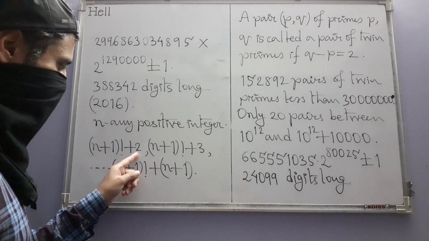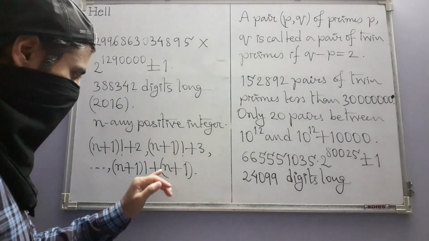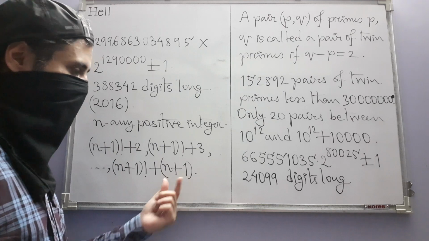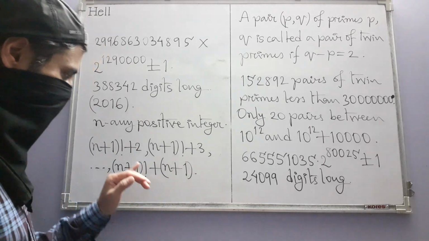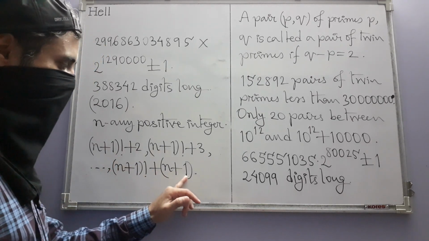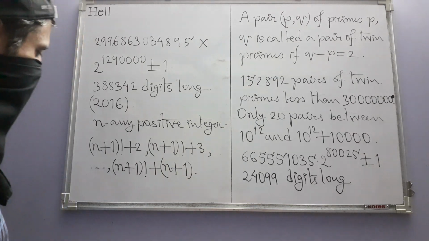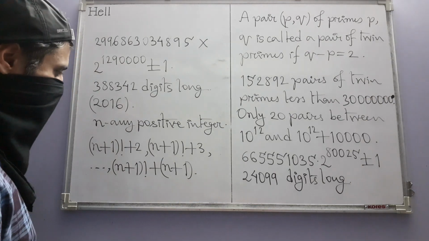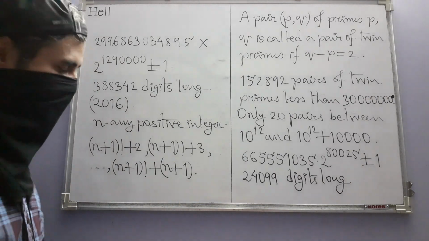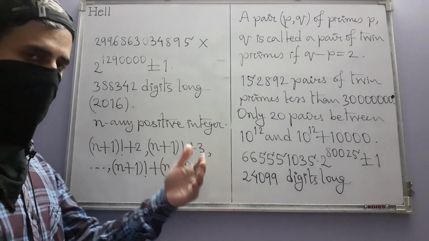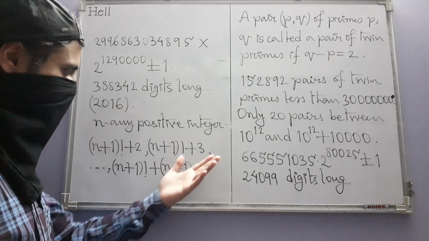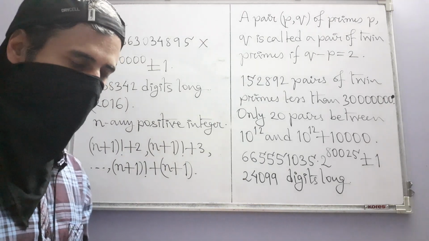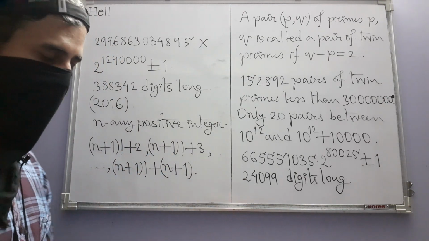You have 2, 3, 4 and so on up to n plus 1. So that means there are n numbers, because we are starting from 2 and the last one is n plus 1. So we do have n integers here. Are they consecutive? Yes, because we get to each one from the previous one by adding 1. So they are all consecutive.